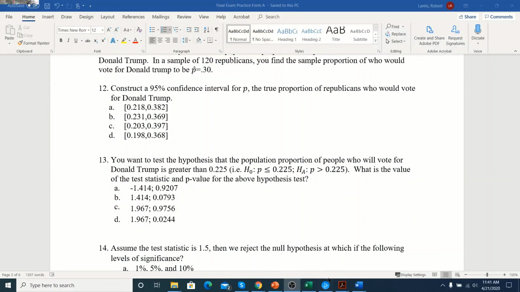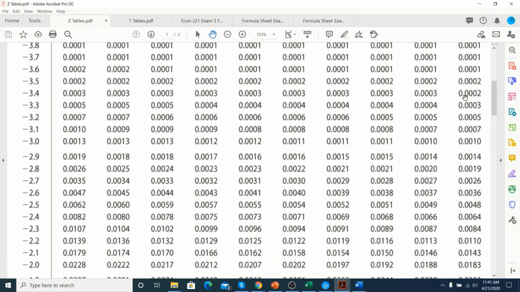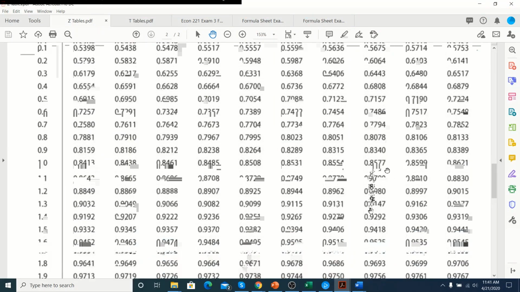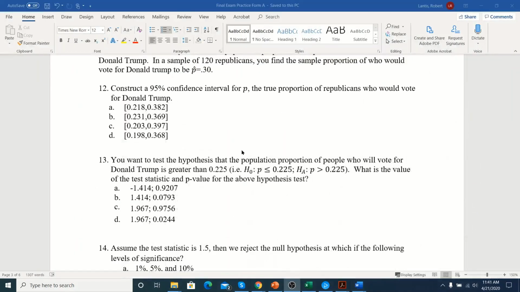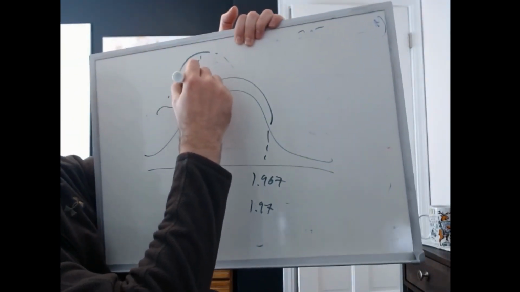So I go to my z-table, I look up 1.97, and get 0.9756.